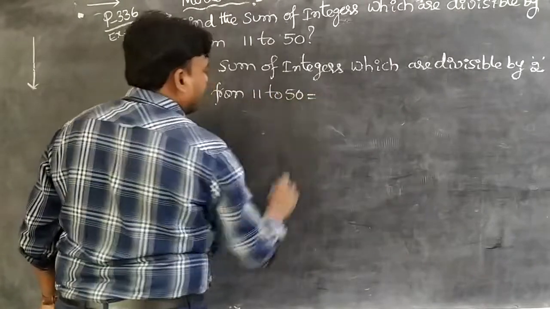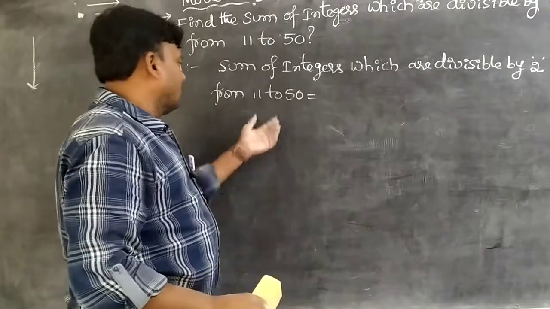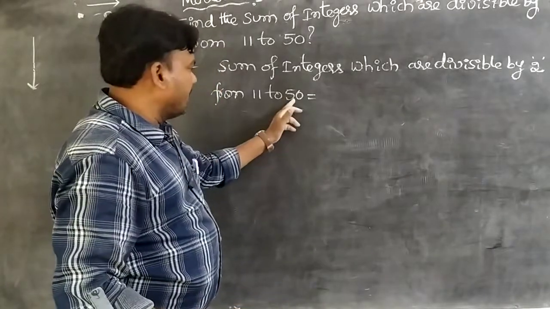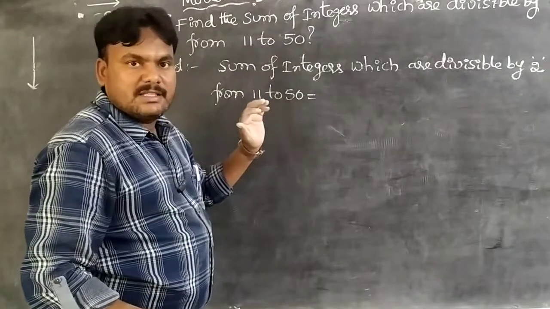From 11 to 50 means we cannot find the value directly, students. First we take 1 to 50 minus 1 to 10. Is it clear or not?